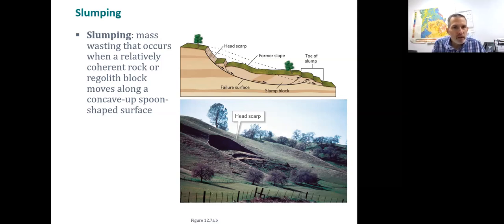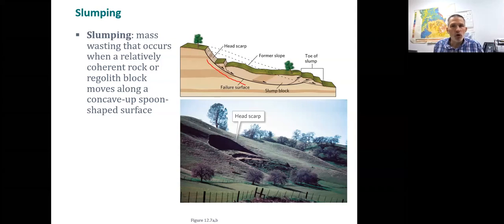The next form of mass wasting, something that we are prone to here in Missouri, is called slumping. This occurs as a result of gravitational force, where water will infiltrate the soil profile, and the weight of the overlying soil plus the water in that rock will cause the head portion of this slump to have enough weight to cause a rotational movement and cause this material to bulge up at the bottom of the slump.